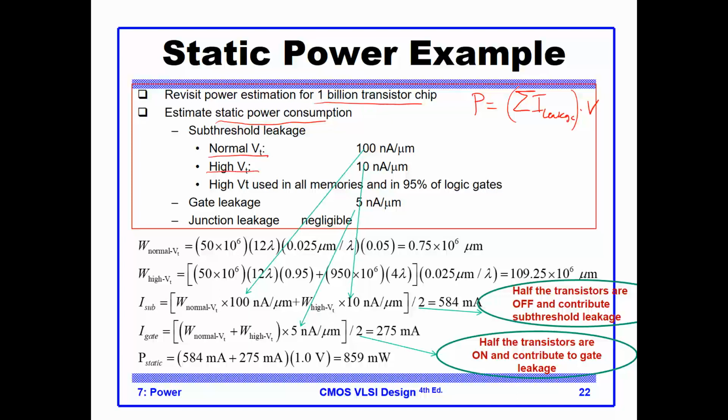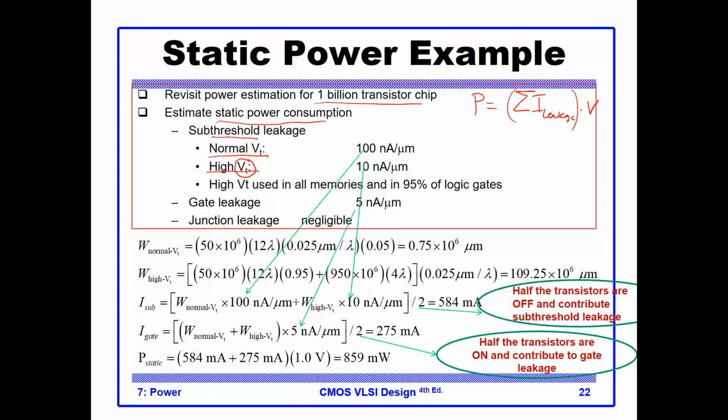Well, why would you use normal VT and high VT? In the next few slides, we will see that one of the ways to reduce leakage power is to reduce the subthreshold current, and the subthreshold current is sensitive to VT. If you have high VT, you reduce subthreshold current.